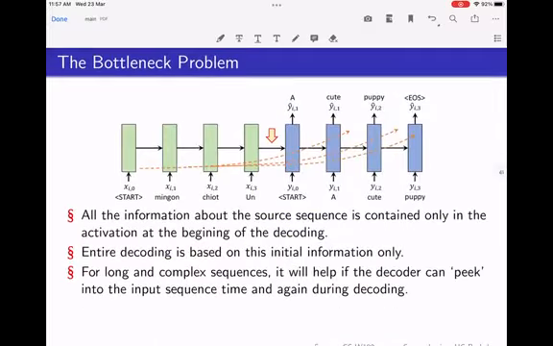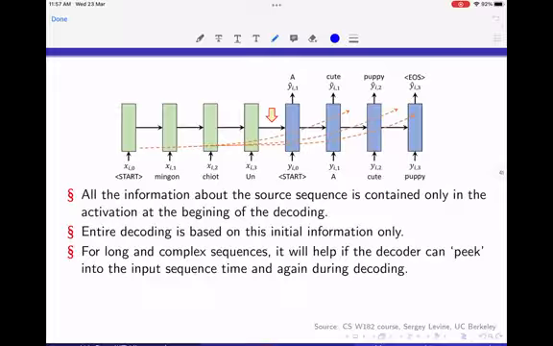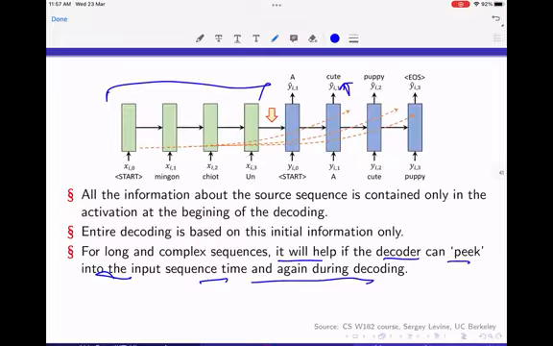For long and complex sequences, it will help if the decoder can peek into the input sequence time and again during decoding. When decoding this, it would help if it can see again some of the relevant parts, because when it is generating this sentence, as we have seen in the basic neural language model, it depends on this summary and whatever it has been converted to by passing through the time steps.